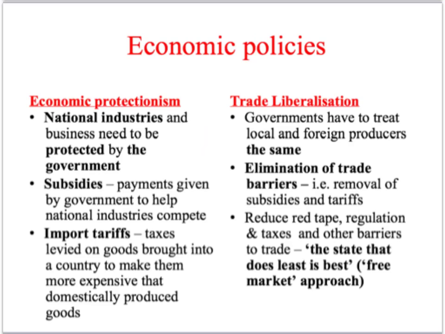And that might take the form of the government giving money to local businesses, and that's called a subsidy, or it might take the form of imposing import tariffs on foreign goods coming into that country. An import tariff is a tax that is put on foreign imports, and the effect of that is to make the foreign good more expensive than the goods that are produced within that country.